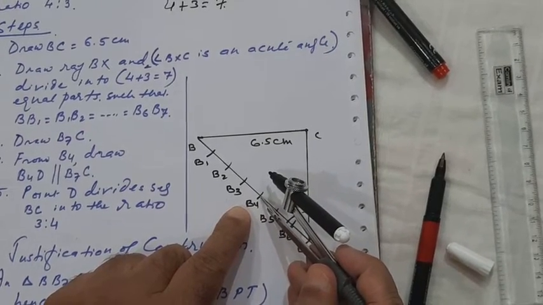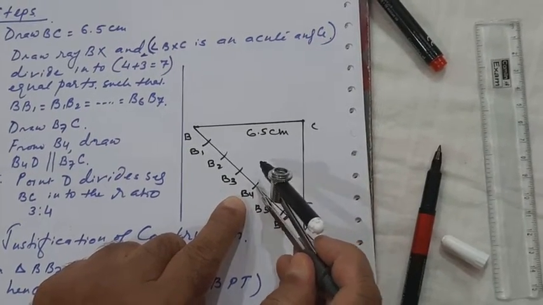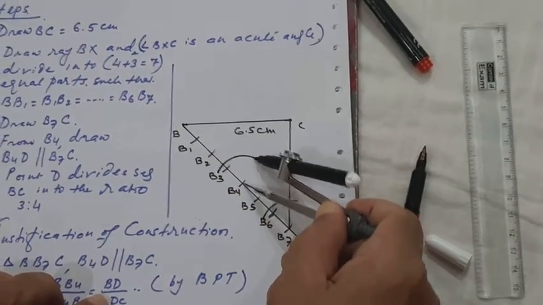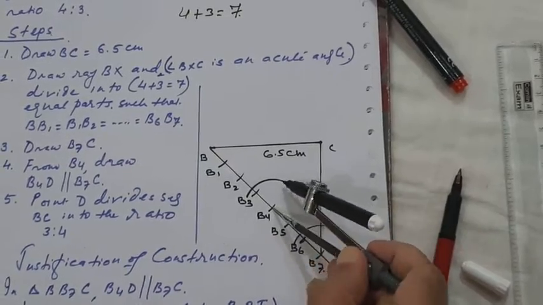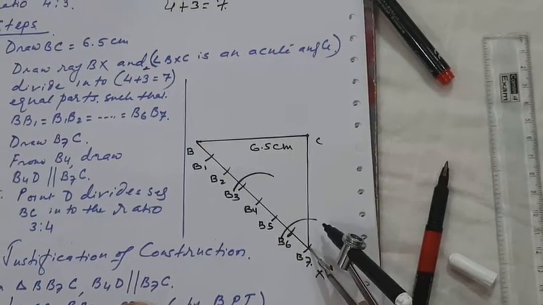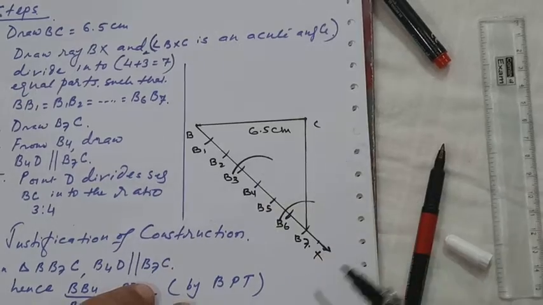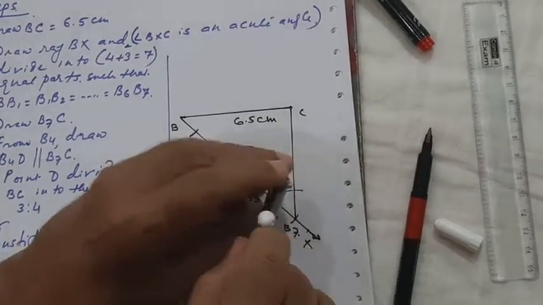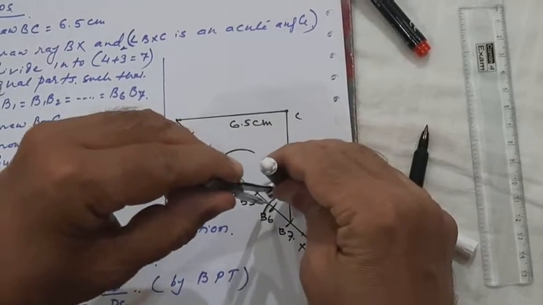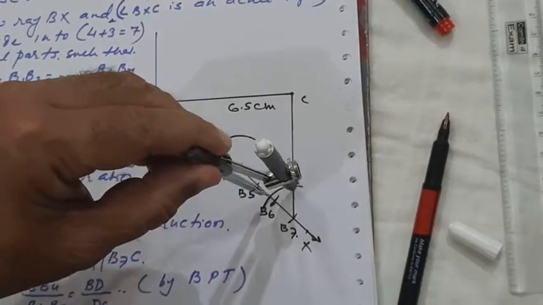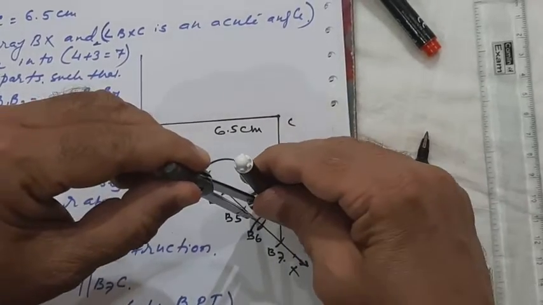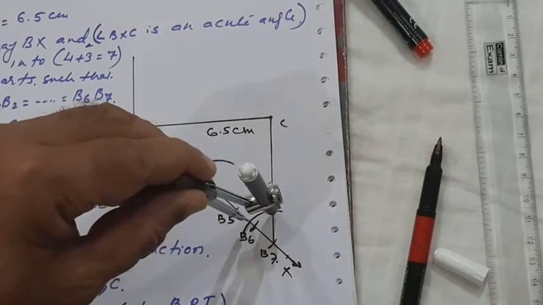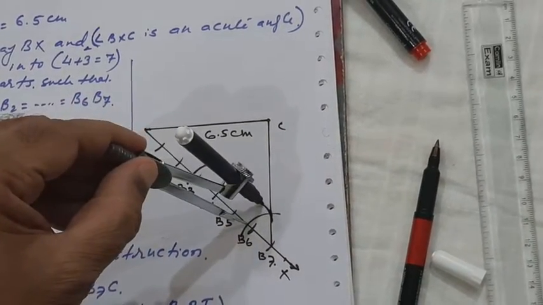Keep your compass on B4 and draw some arc. Same way. Same distance from B7 and from B4. Now keep the arc here. Adjust your distance. Your radius should be between these 2 points. See here. And draw one arc.